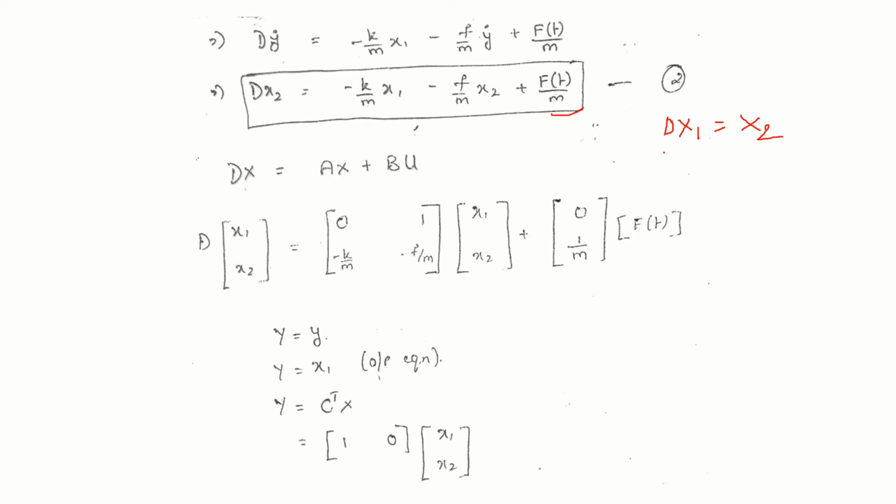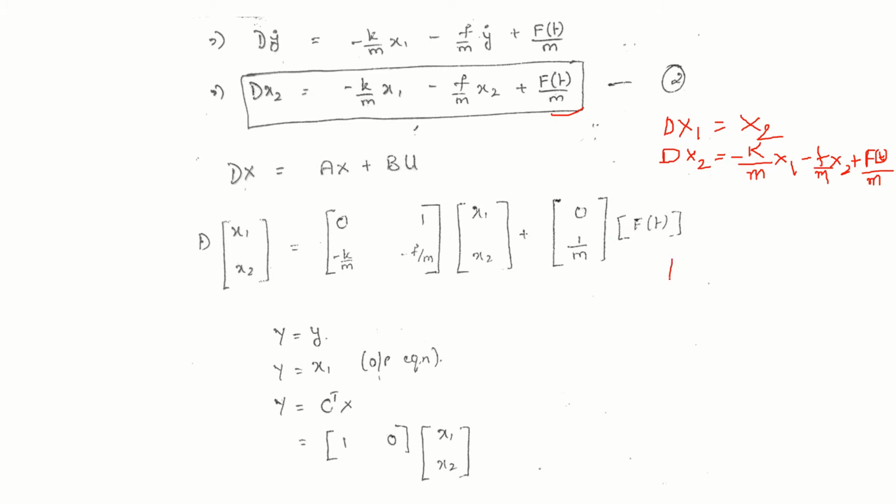Second equation is dx2 is equal to minus k by m x1 minus f by m x2 plus f of t by m.